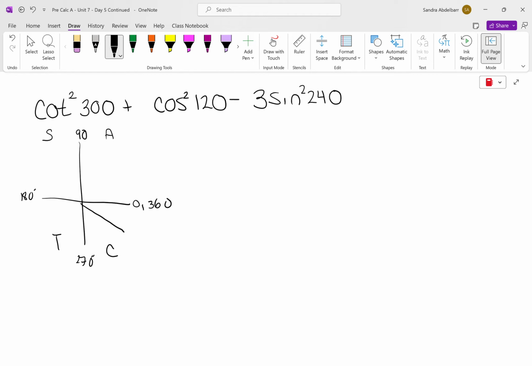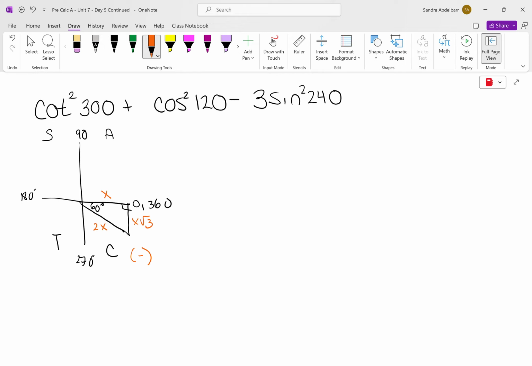So if we're at 300, we're right in this quadrant. Do we agree? But now remember I said we need to make a special right triangle. So how do I get to 300? By subtracting the 60 here, or making that a 60 degree angle. But now we also want to remember that tangent in quadrant 4 is negative. So no matter what I get here, that cotangent is going to be negative.